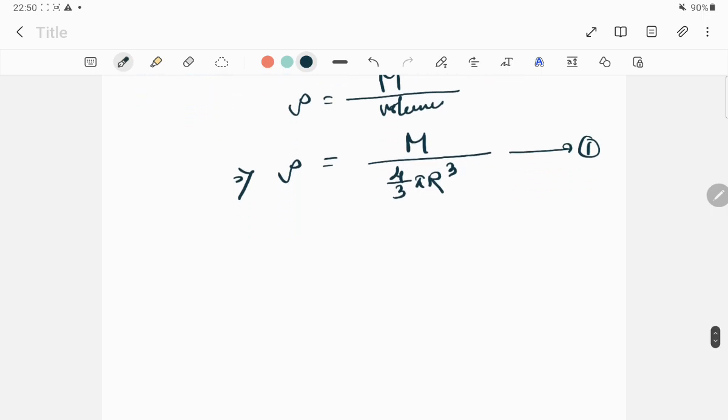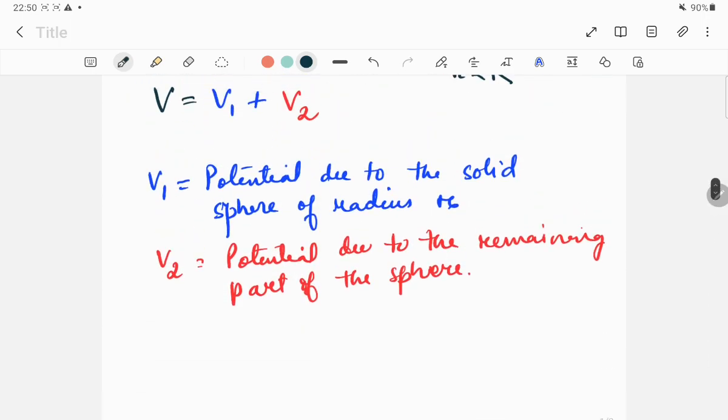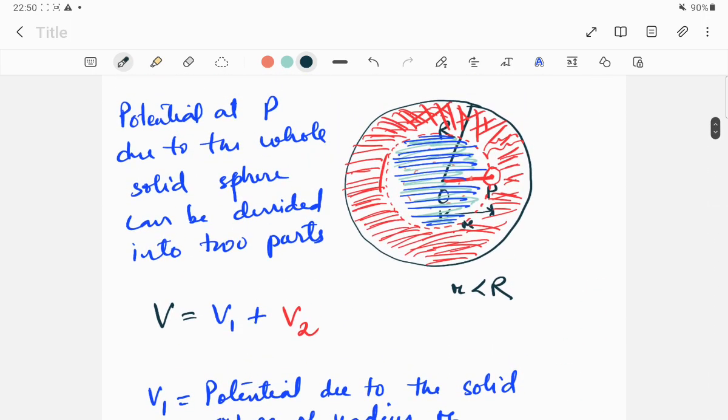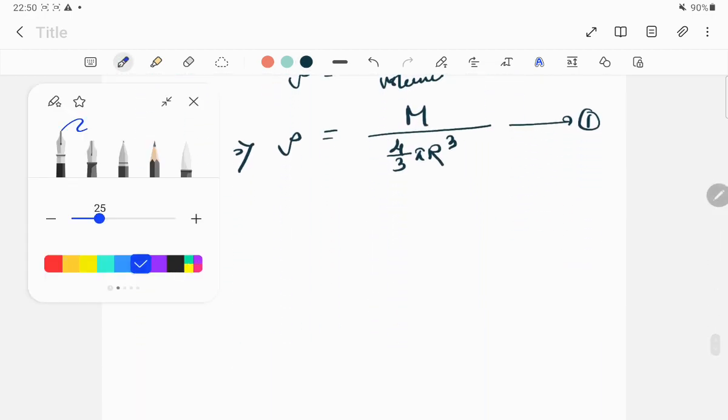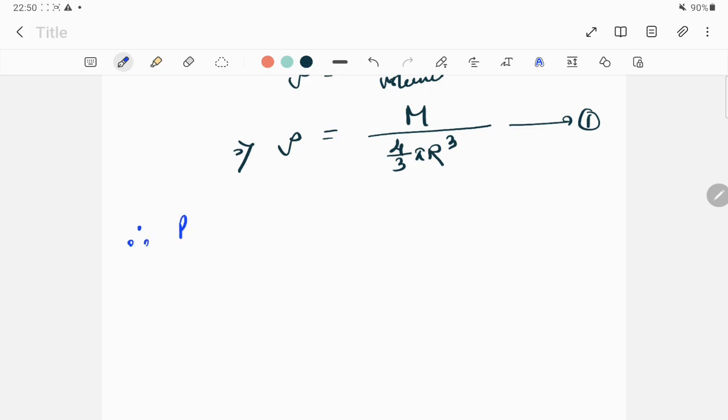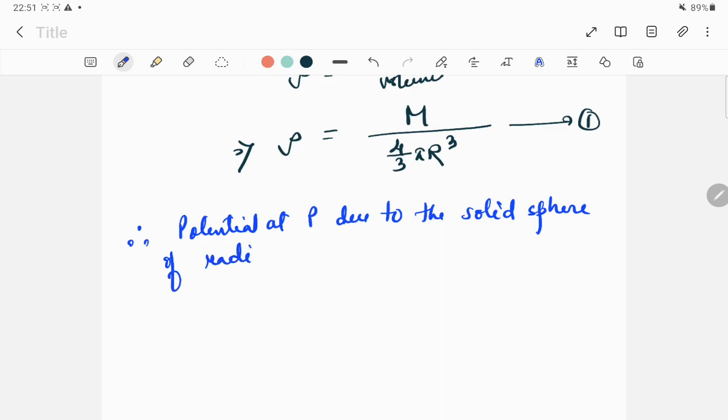Now let us find out V1. What is V1? V1 we mention in blue color, and blue color means the solid sphere. So the potential at P due to the solid sphere of radius small r is given by V1.